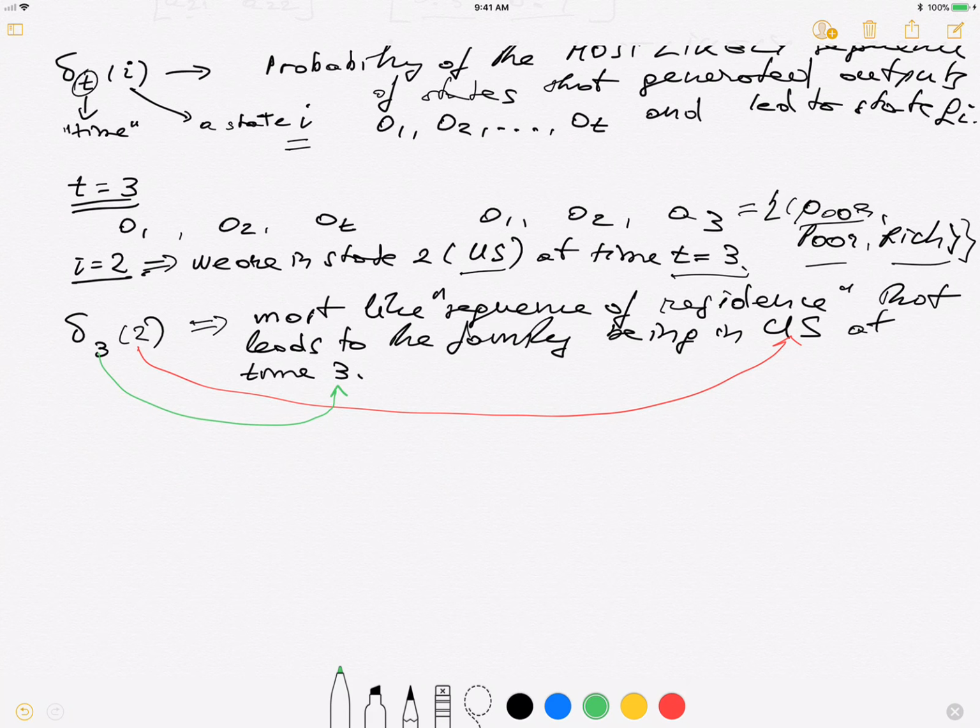So somebody may ask, in this particular case, what's delta 6 of 2? Observe, now this index is 6. 6 means time is 6. So this would be what? The most likely sequence of residence that leads to the family being where? In the United States, state 2, after the 6th year.